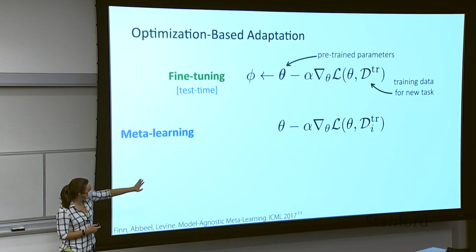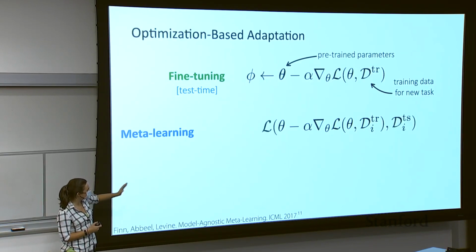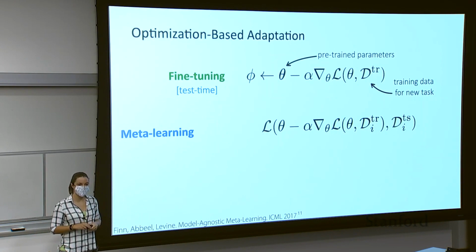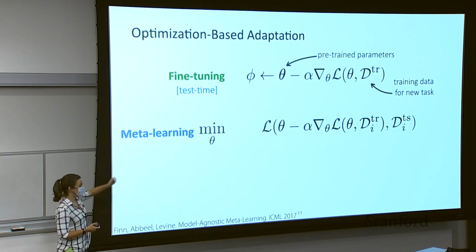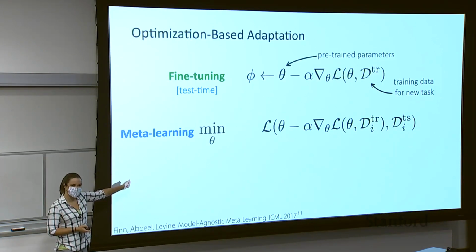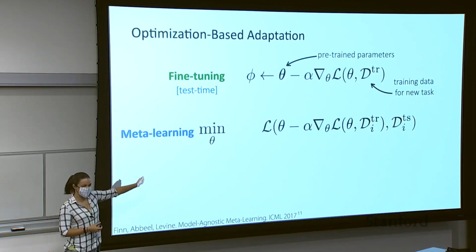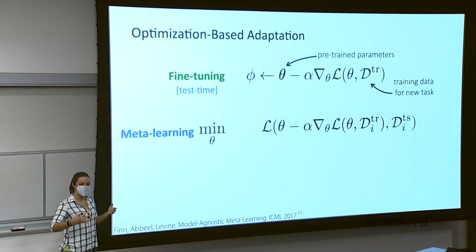And so we want to take the results of this fine-tuning procedure and optimize for how well those parameters generalize to test data points. The simplest way we could do this is to optimize this objective with respect to the pre-trained parameters. So we're going to optimize for a set of pre-trained parameters such that fine-tuning generalizes well with a small data set.